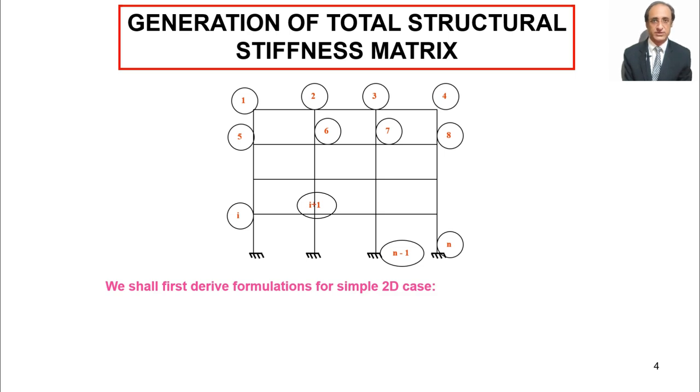First of all, we assume that we have a simple 2D structure only. So we'll assume everything very simple: boundary conditions, simple structure. We have a 2D structure, and we assume that all the supports are fixed. Those supports can have a hinge, or there can be some other type of support, but right now for derivation purposes we are assuming that we have fixed support everywhere.